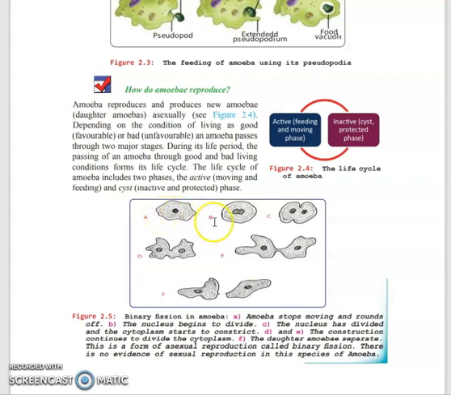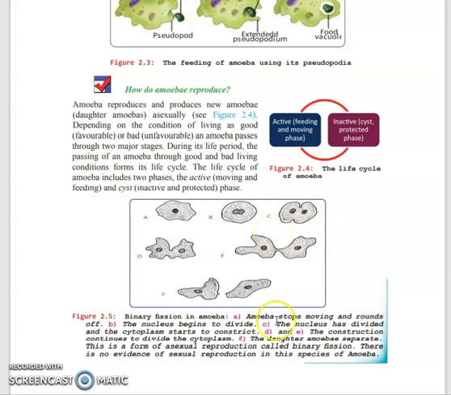After that, the nucleus begins to divide into two. Then the nucleus has already divided, and now the cytoplasm begins to divide.